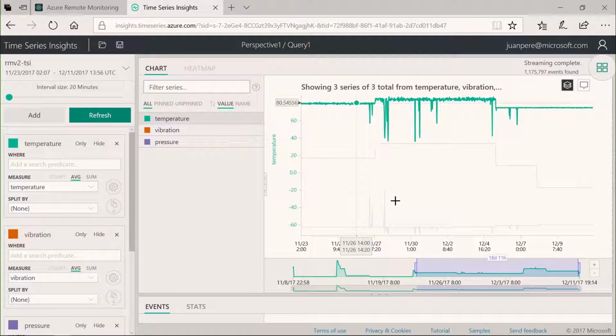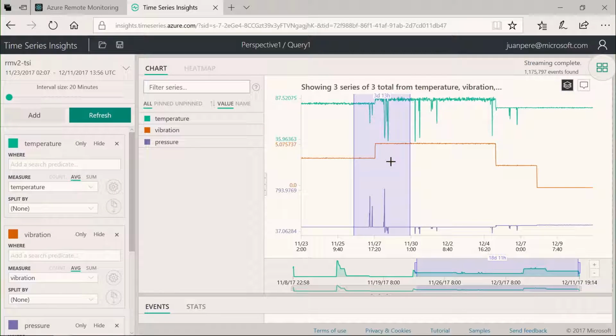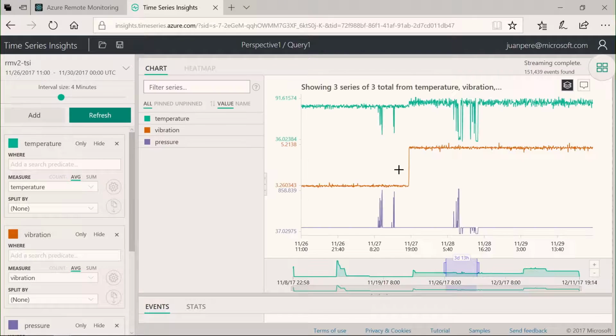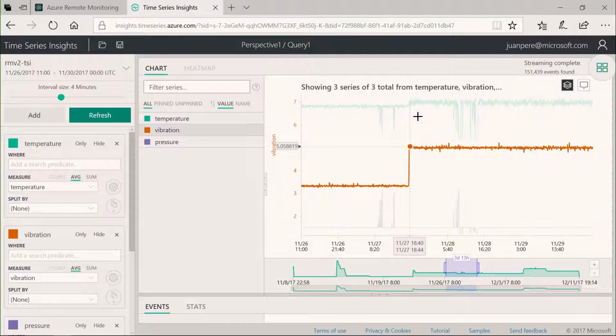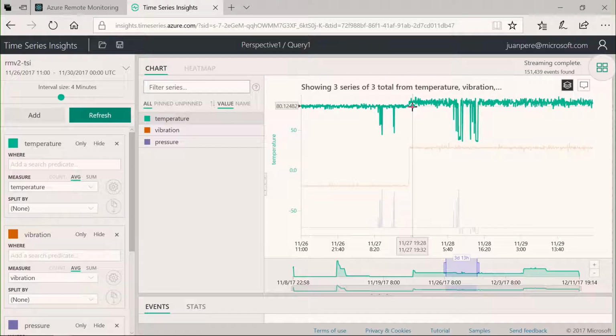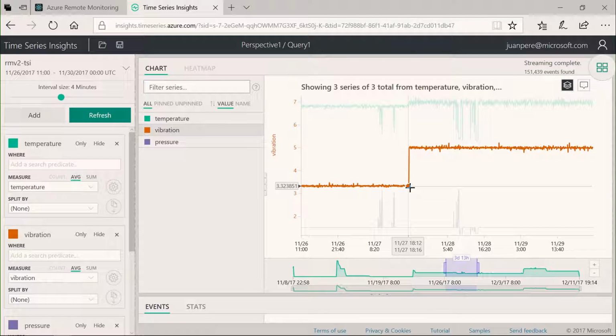What I want to do, as the engineer working on these HVAC systems, is understand better the correlation between the various data points, the telemetry data that I'm receiving, to try and understand what's going on. So I see the bump in temperature is around here. And it happened at the exact same moment we started having more vibration on that machine.